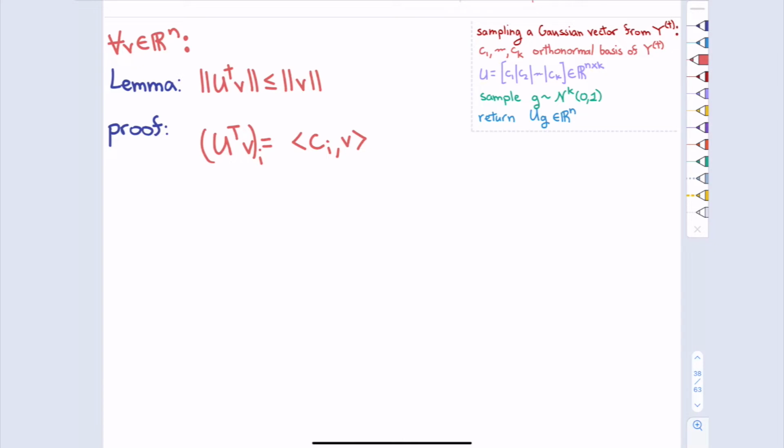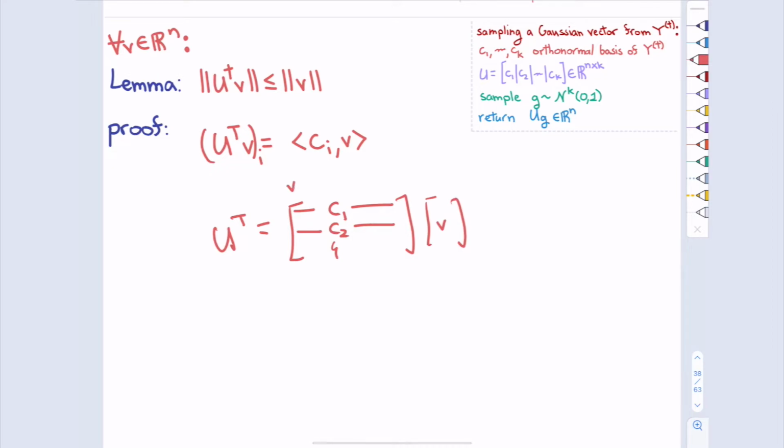U transpose looks like this: c1 is in the first row, c2 is in the second row, and so on. So when I'm applying v, to produce the first coordinate of u transpose v, I take the dot product of v and c1. To produce the second coordinate, I take the dot product of c2 and v.